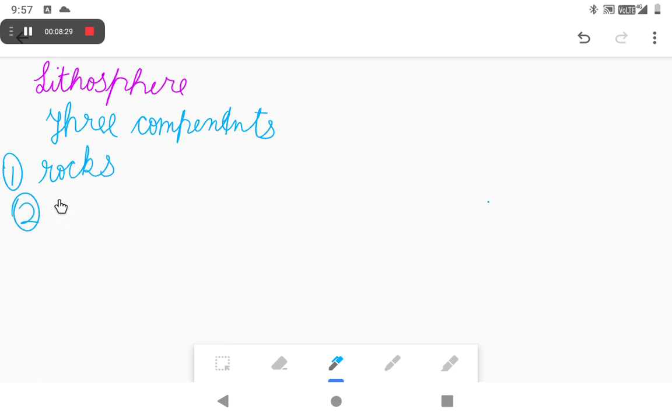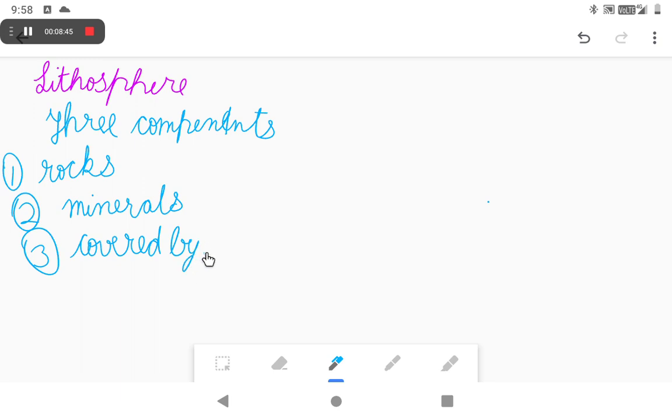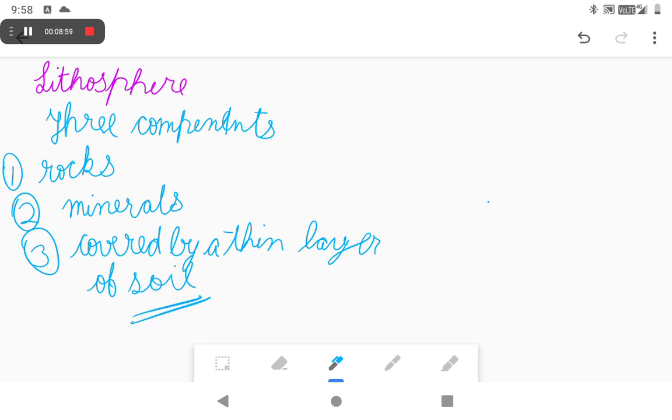Second, minerals. Third, it is covered by a thin layer of soil.